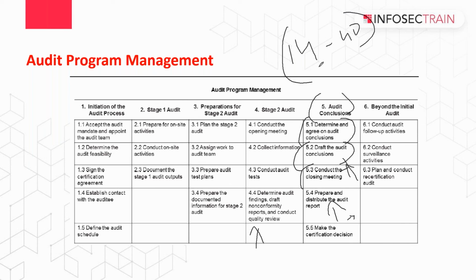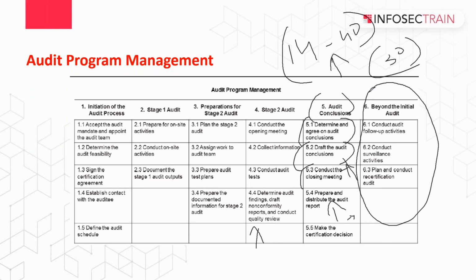Within this, how much time will be required for that organization to patch that thing, to add a control or to fix that vulnerability, whatever the non-conformity is? Now let's say that organization says we are going to require 30 days. So both teams, your auditee and the auditor, will be agreeing on this. After 30 days, what is going to happen?